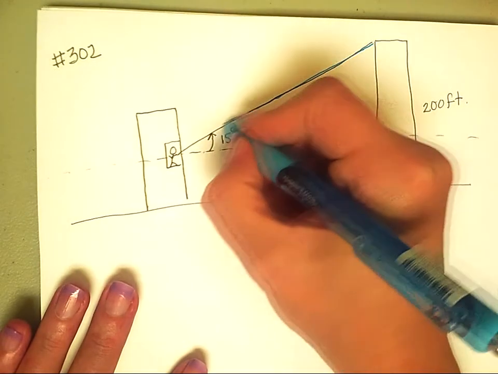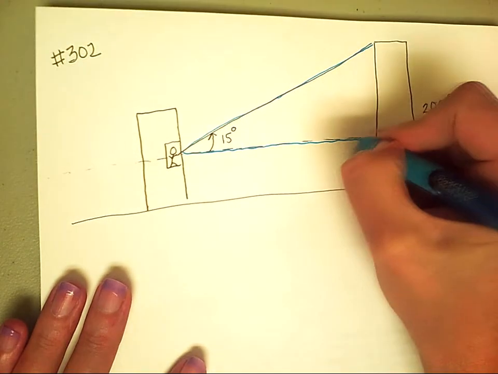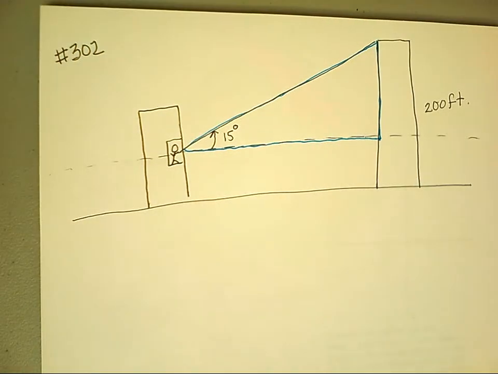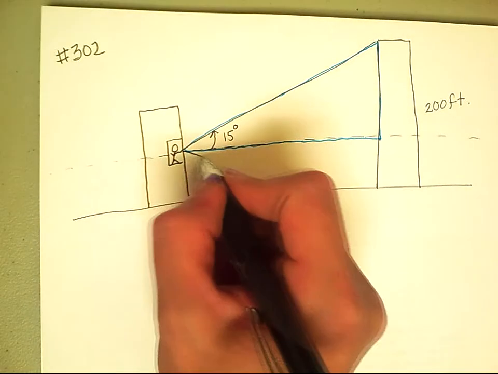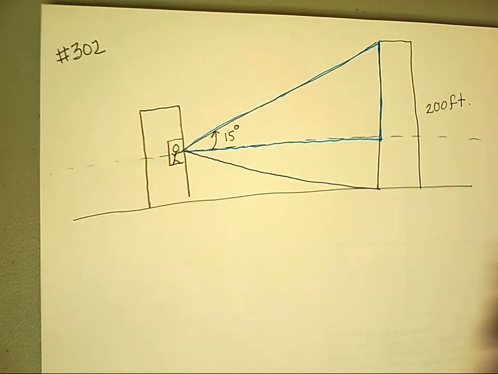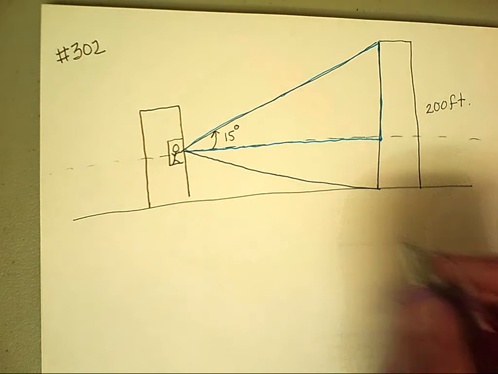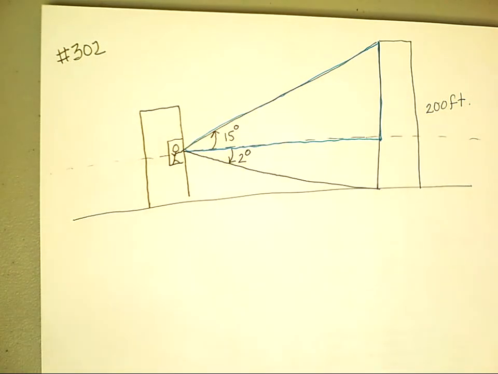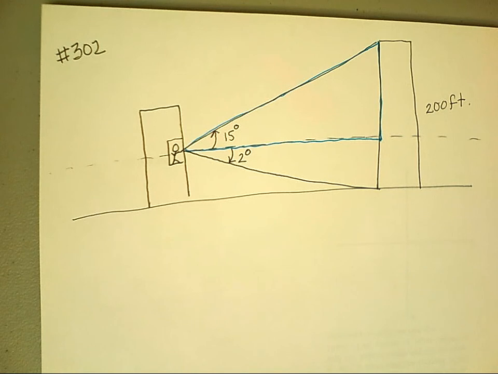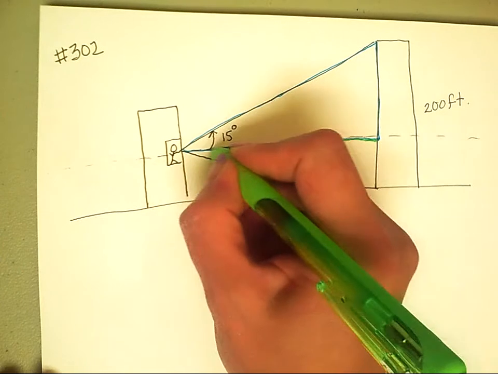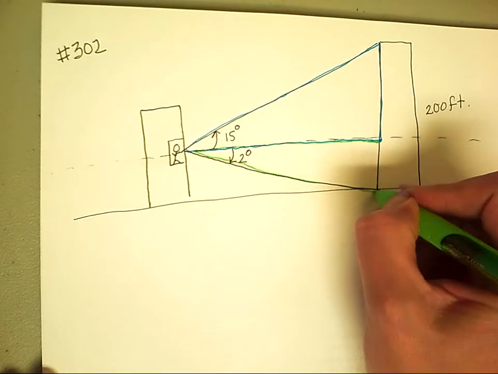So what I've done here is I've formed one triangle. We're also told that the person can look to the bottom of the monument, and the angle of depression, that is going down, is 2 degrees. So we formed another triangle.